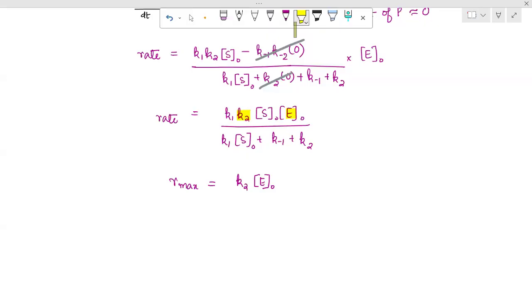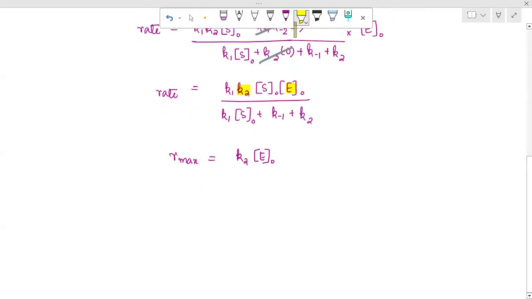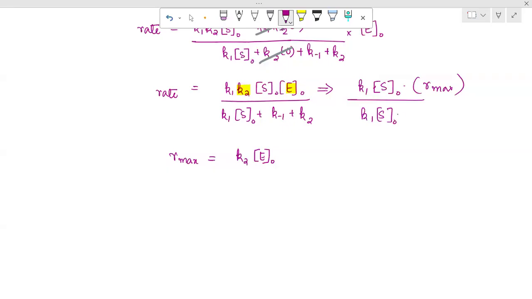So in order to get the maximum rate, this should be equal to K2 into initial concentration of the enzyme. Correct? This is what we have to get. So how do we get that? I can write it as K1 S naught into R max it is. So our rate should be equal to R max divided by K1 S naught plus K inverse plus K2.